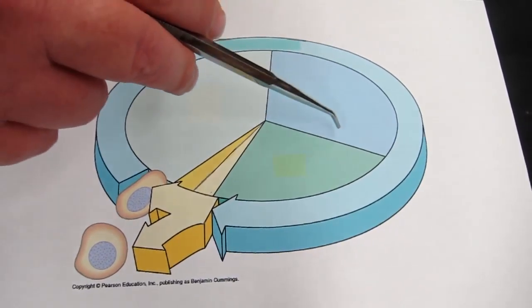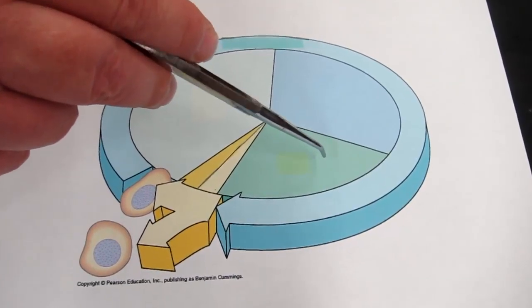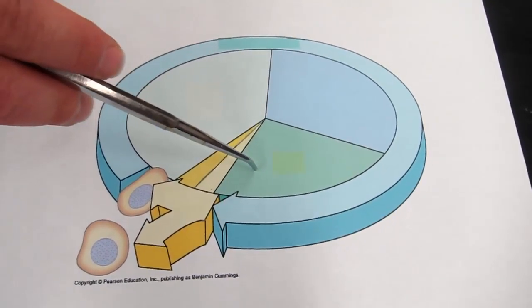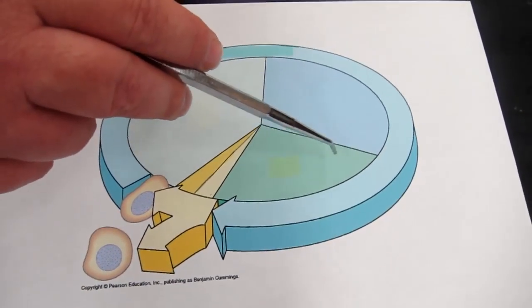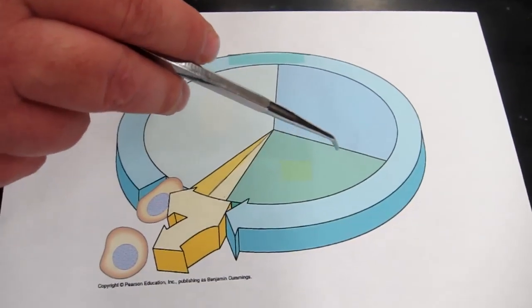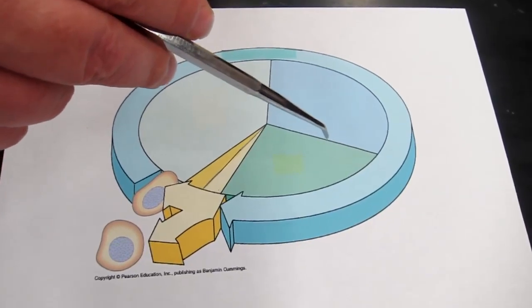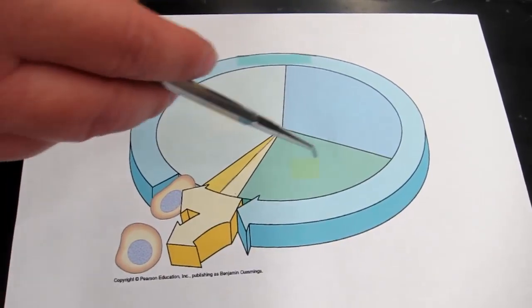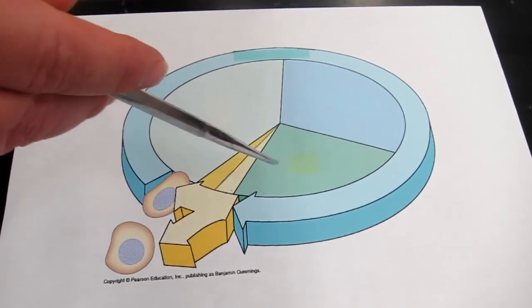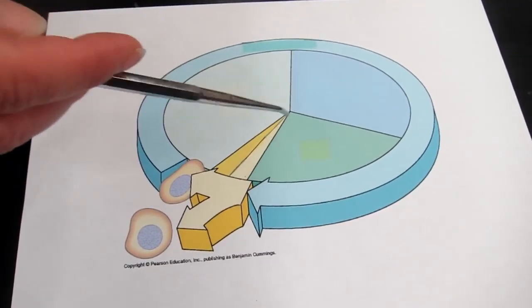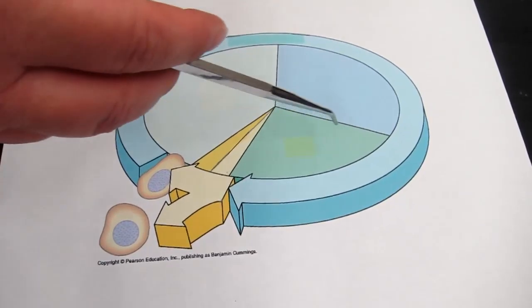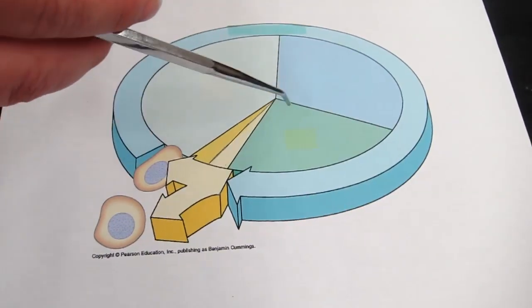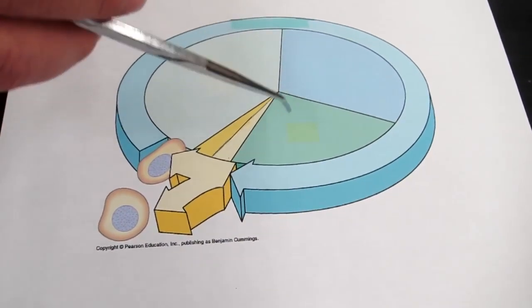Okay, then if it gets the signal to continue further, it moves into G2, and that's this greener section here. G2 is the interphase period where the cell is saying, okay, I'm going to be dividing soon. That means I need to make some proteins or other structures that I need to have inside of me so that when it's time to divide, I'm ready.